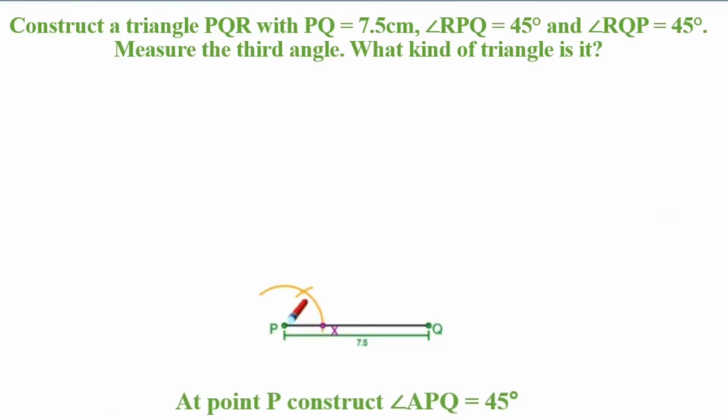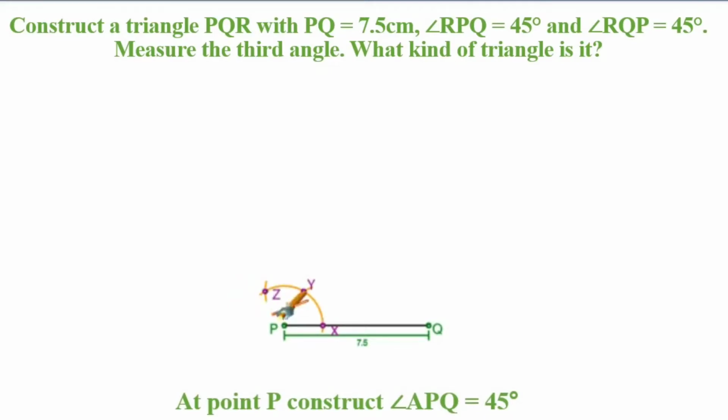With Y as center and the same radius, I make another arc to intersect my first arc at point Z. Now, if you carefully observe, angle YPZ will be equal to 60 degrees.